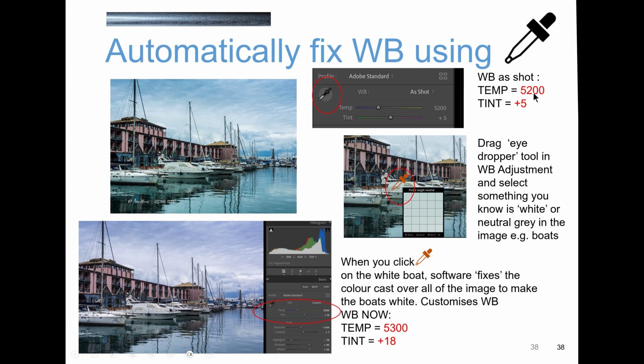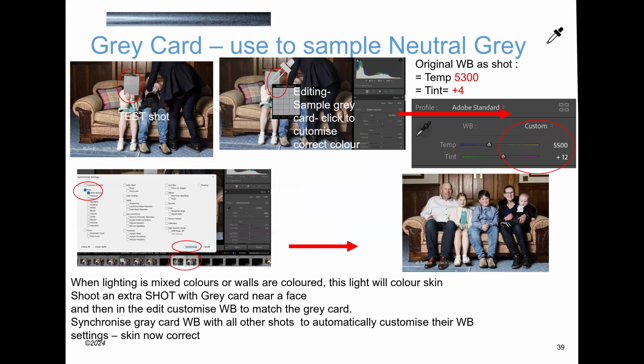So originally the temperature was 5,200 and the tint was +5, and it's changed the tint to +18 and the temperature to 5,300. So that's a very quick way to fix the white balance within your image. And then if you've taken a whole series, you can just sync the whole series to that.